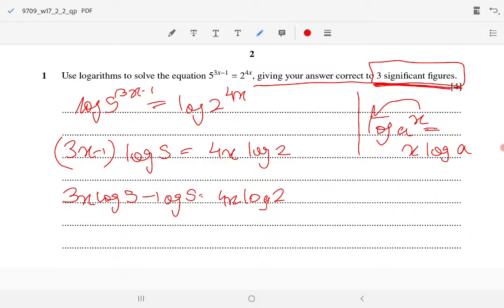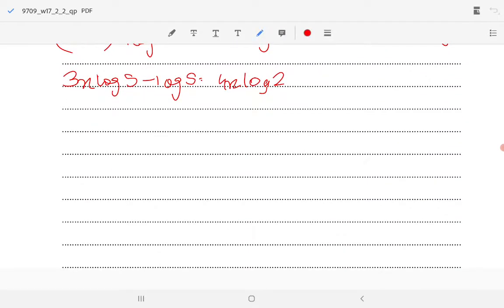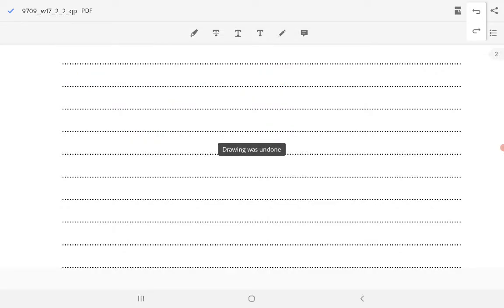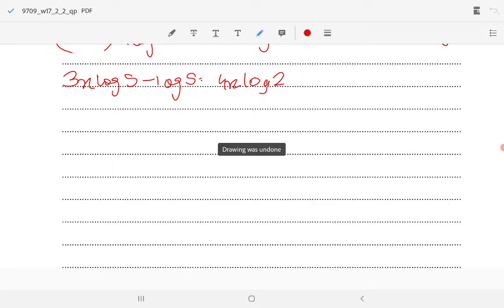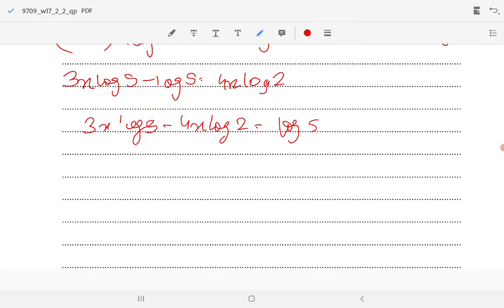3x log 5 minus 4x log 2 equal to log 5. Alright guys, now we just have to simplify even further. x times 3 log 5 minus 4 log 2 equals log 5.